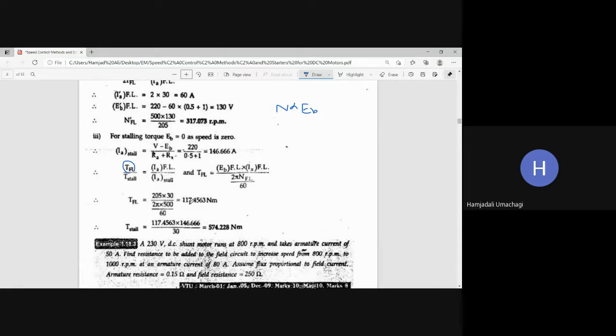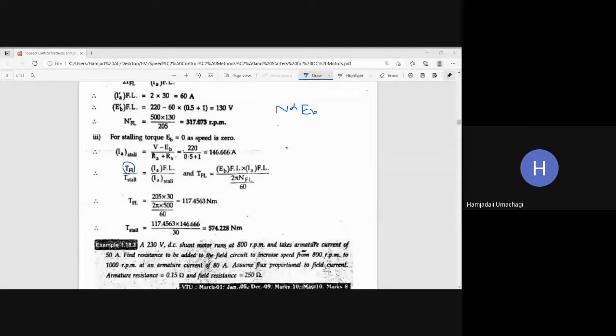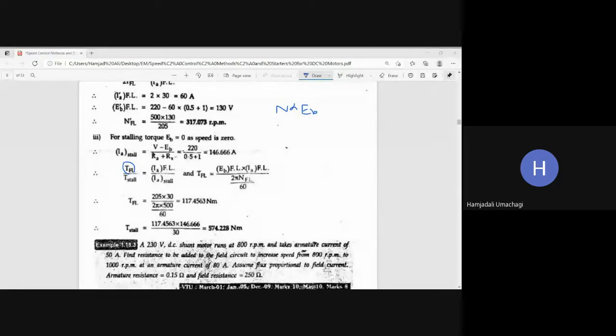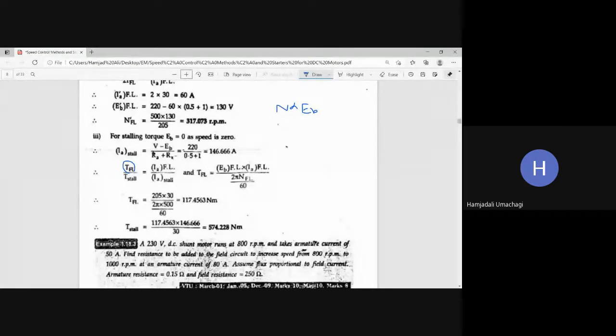So what is the value of TFL? 117.4563 Newton meter. So TFL is 117.4563.